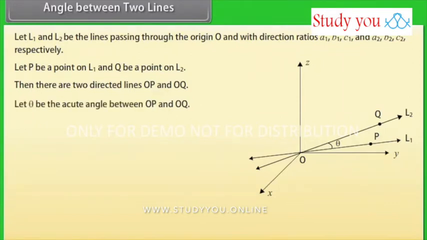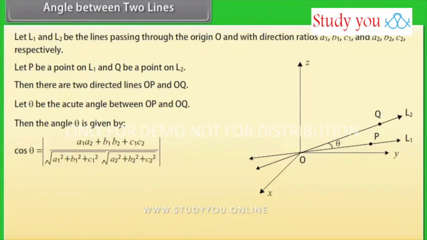Let theta be the acute angle between OP and OQ. Then the angle theta is given by cos theta equals modulus of (a1a2 plus b1b2 plus c1c2) divided by square root of (a1 square plus b1 square plus c1 square) into square root of (a2 square plus b2 square plus c2 square).